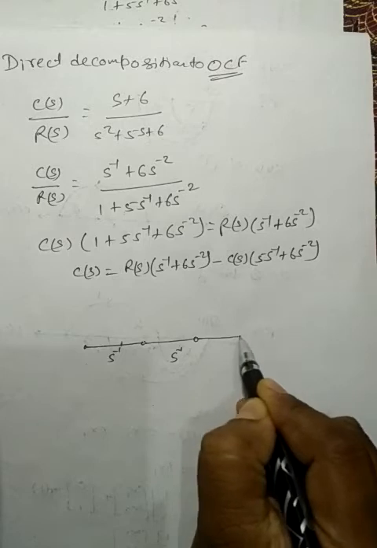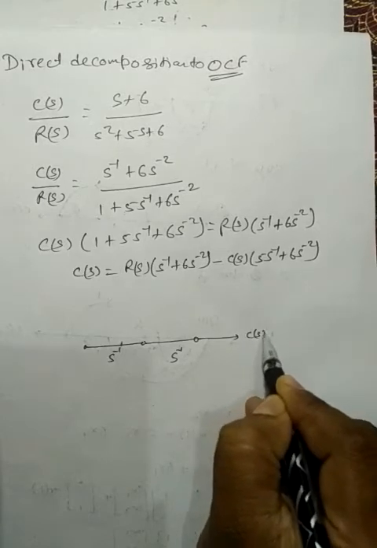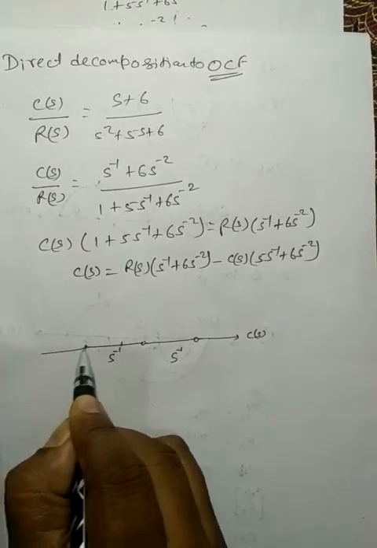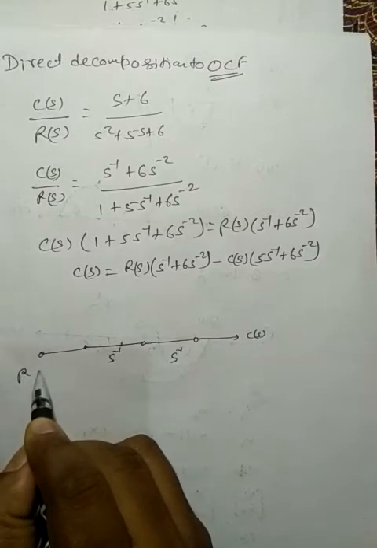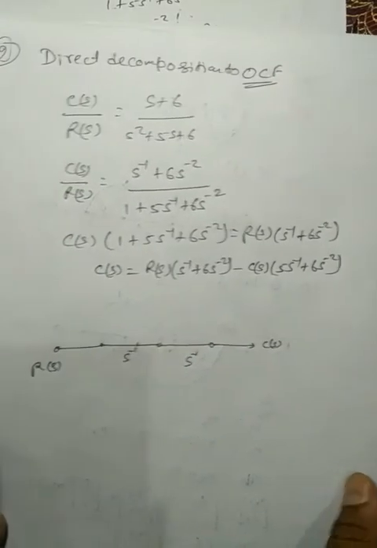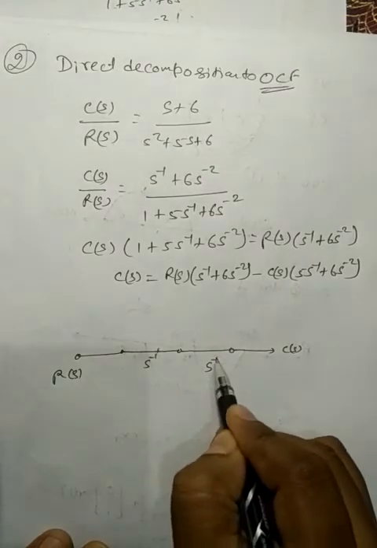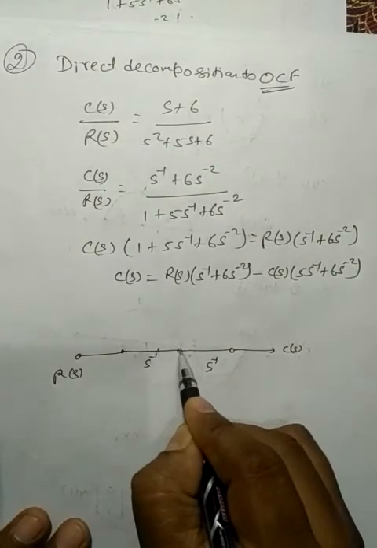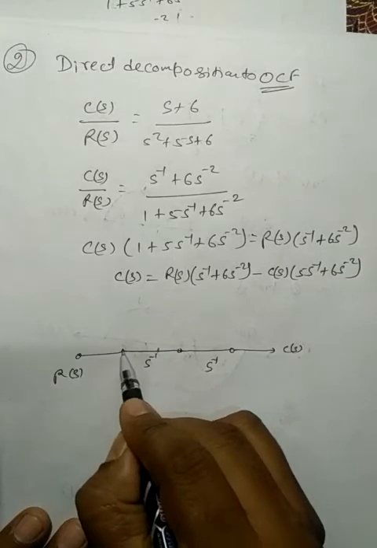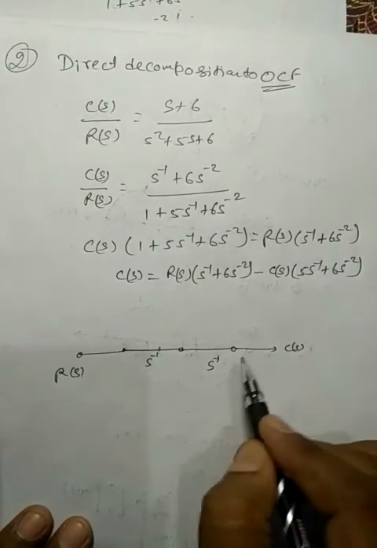Here I am having CS, and here I am having RS. At this point I am getting S inverse, and this point I am getting S power minus 2.